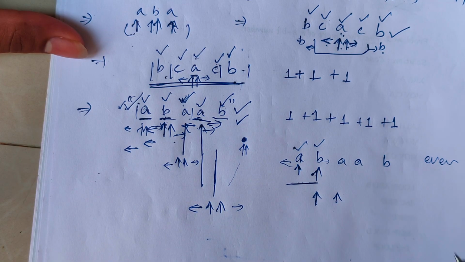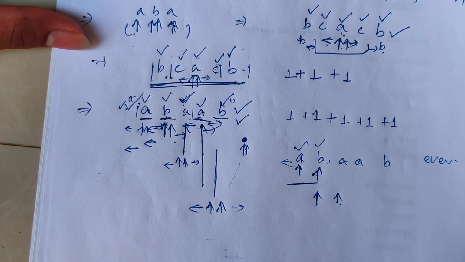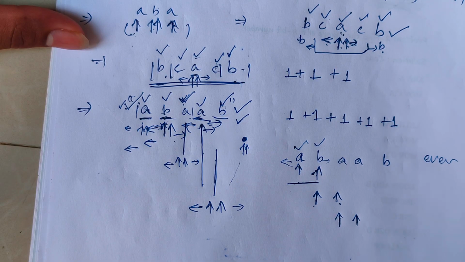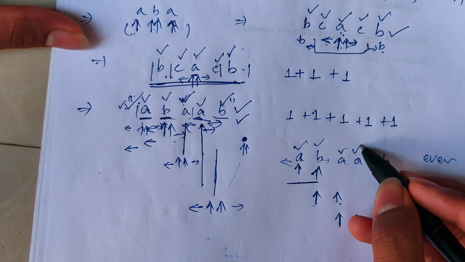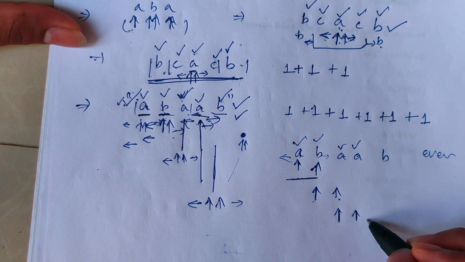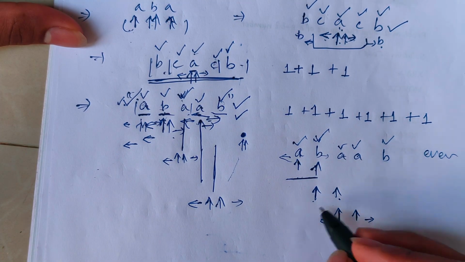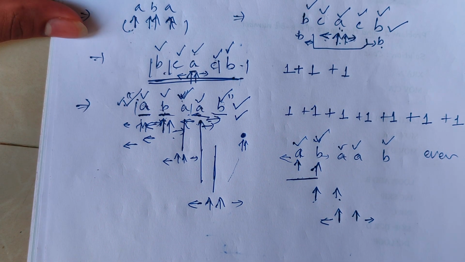Shift both our pointers to B and A. B and A are not equal, so there would be no palindrome. Now shift both our pointers here. We can see that A and A are equal, so we got one more palindrome. Now shift right, shift left. B and B are equal, so we got one more palindrome, right?